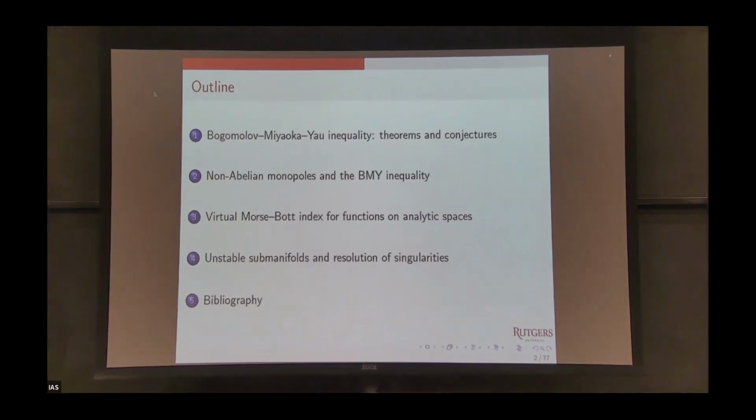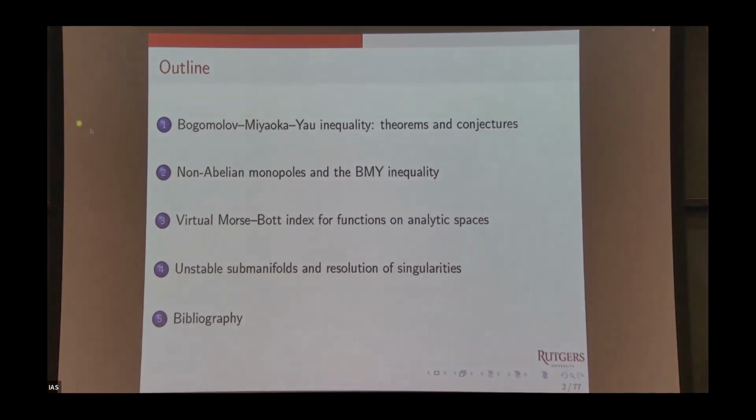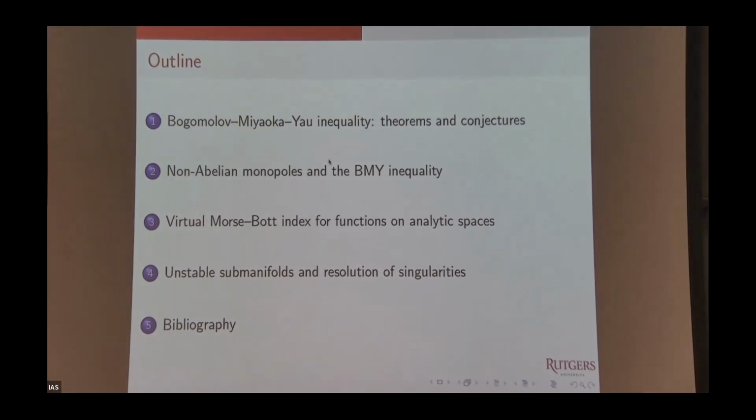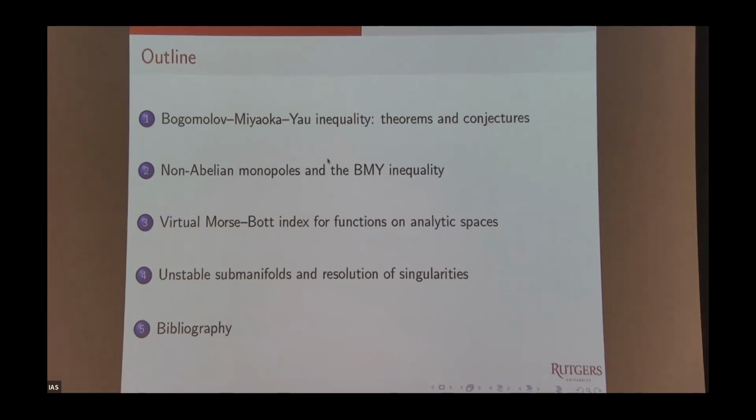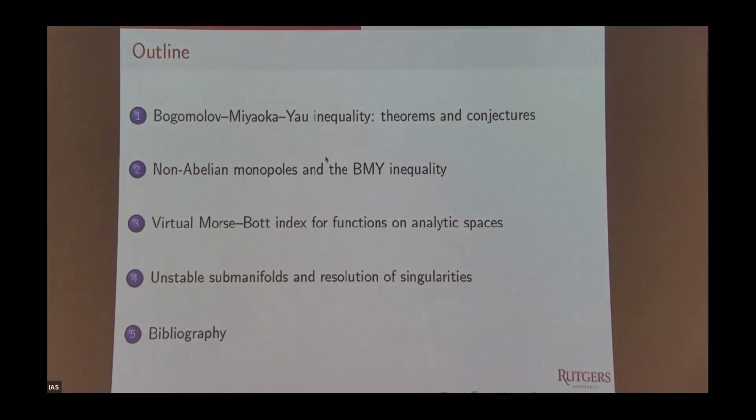Okay. So for one of these conjectures, I'm going to describe an approach using something I've studied for quite a while with Tom Ness, non-Abelian monopoles, and our progress towards the proof of this conjecture. And then the second half of the talk will focus on the technology a little bit.